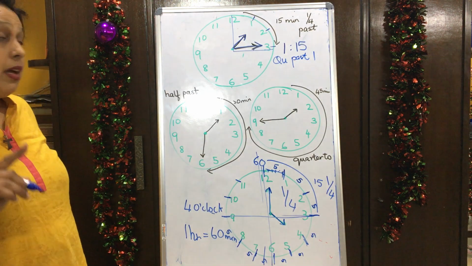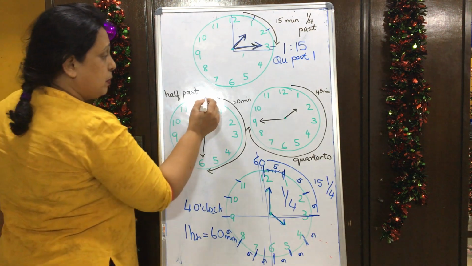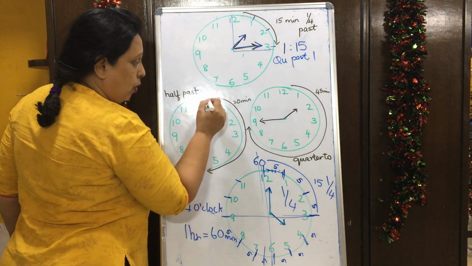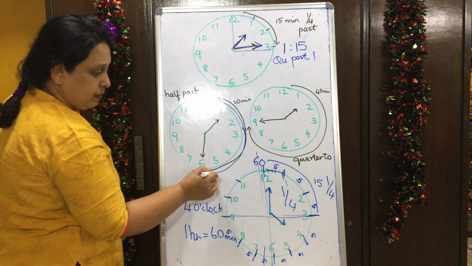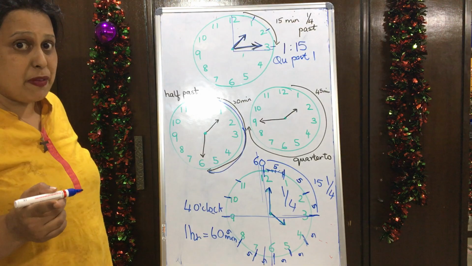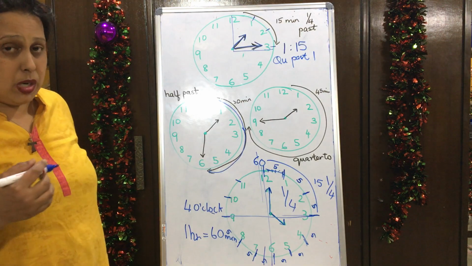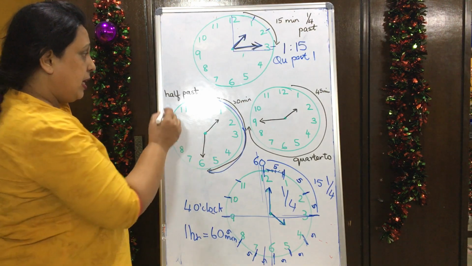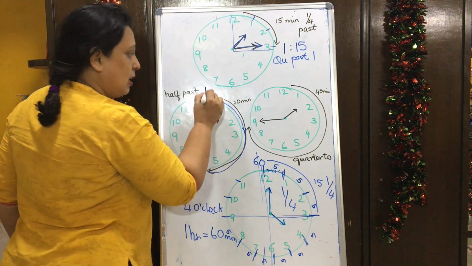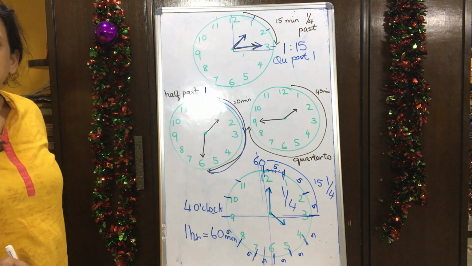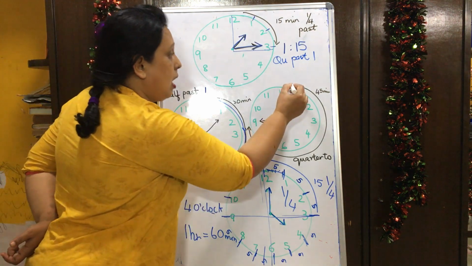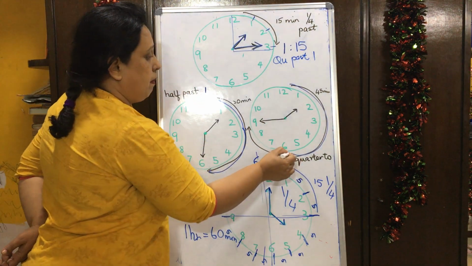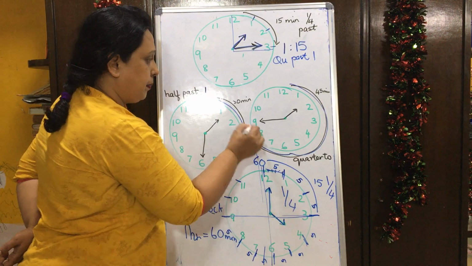Okay? Now, if we move from quarter and we add another quarter, it becomes half, as we learnt in fractions. Quarter plus quarter is half. So it is half past 1. Alright? Now it is half plus another 15.